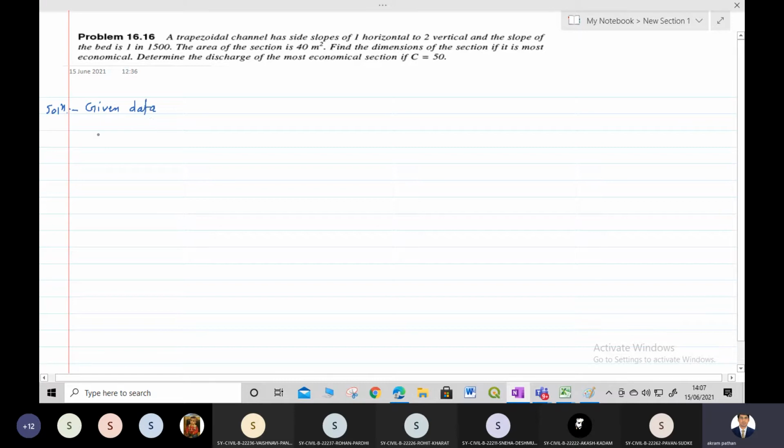Whatever data is given in the problem, you have to write down. So what is given? Side slope is given, n is for side slope, 1 is to 2. See here, 1 horizontal to 2 vertical is given. So 1 is to 2 is the side slope.